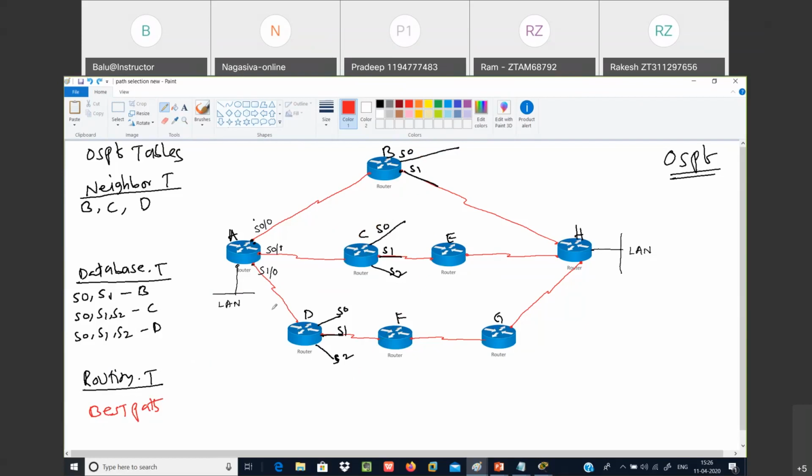So here you need to understand a very important point. In your companies, in your organization, let's say I'm working for office ABC in Hyderabad location. This is my router. For this router, how many routers are neighbor routers? How can we come to know? For the office ABC Hyderabad router, which routers are neighbor routers?